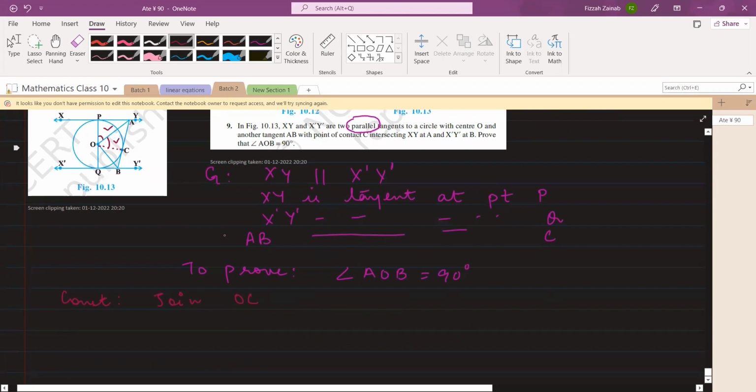Now, if I consider these two triangles, first thing I can see is that OP is equal to OC. They are radii, right? OA is equal to OA, which is a common line. And the third thing is angle OPA will be 90 degrees and similarly OCA will be 90 degrees.